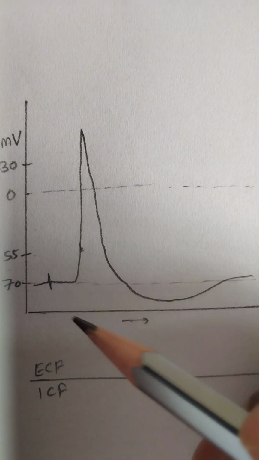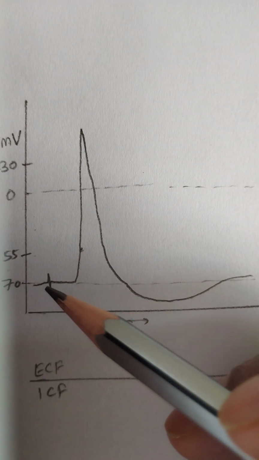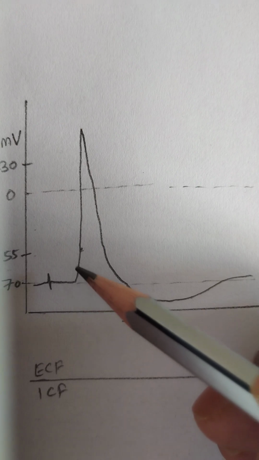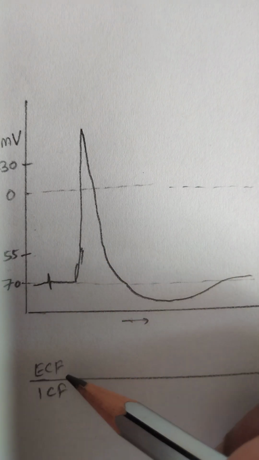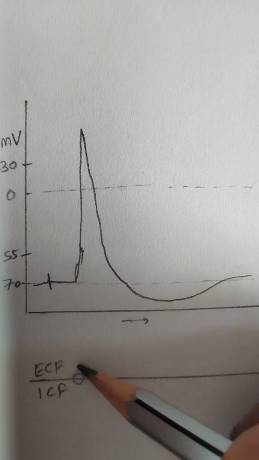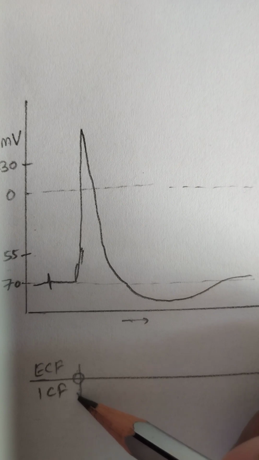If you see the ionic basis for the different phases of action potential, the initial phase of depolarization is caused by the opening of the sodium channels, which are mechanically sensitive.